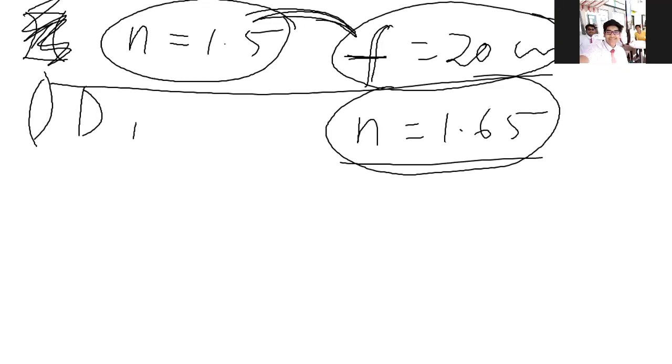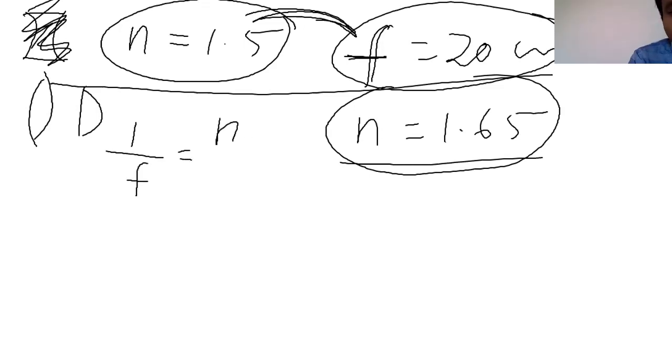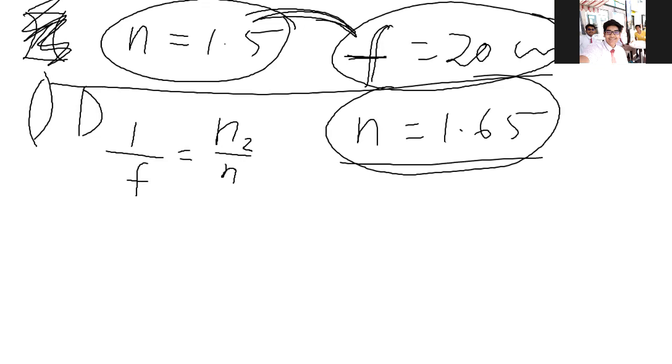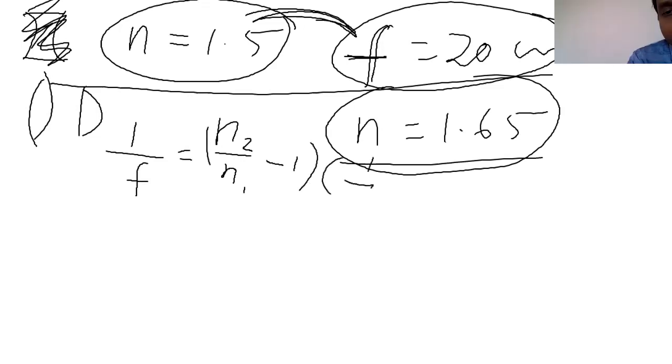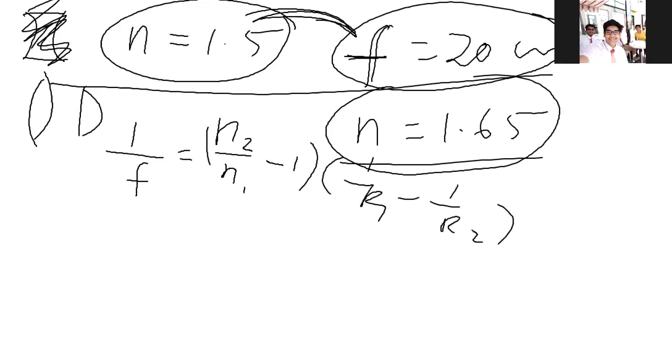This is the formula: 1 by f equal to (n2 by n1 minus 1) into (1 by R1 minus 1 by R2). If they give another case, then it's easy.